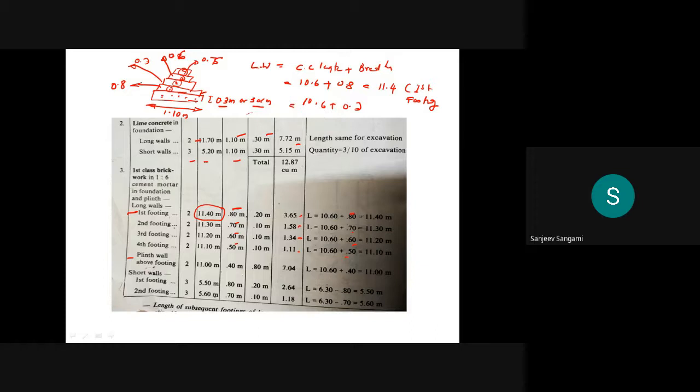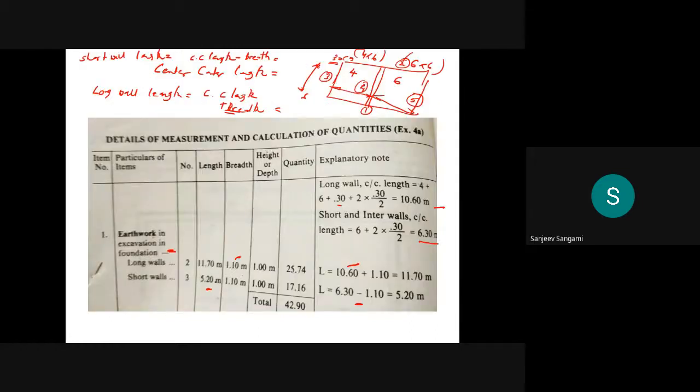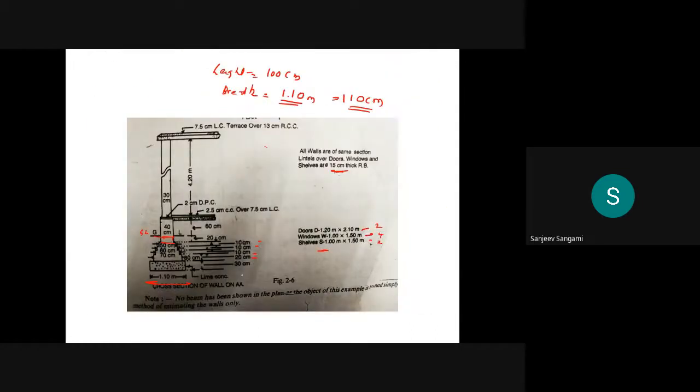Normally if you check this wall, remember this is the plinth wall. What is happening is that it is 20 centimeters from the last footing to the ground level, and it is extending till here, this portion.